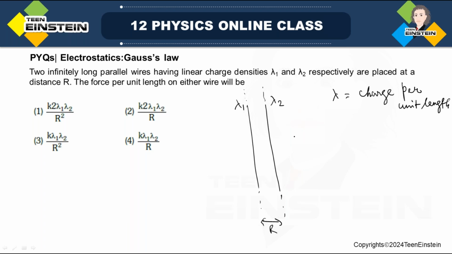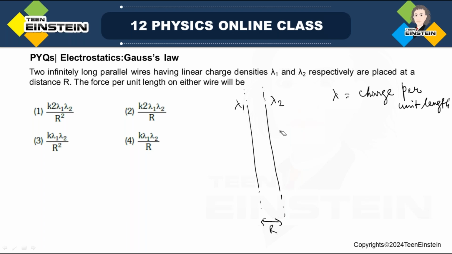So we have to calculate that. Similar to parallel wires carrying current I1 and I2 separated by some distance, for which we have calculated the force between them, this question is in the electric field now.